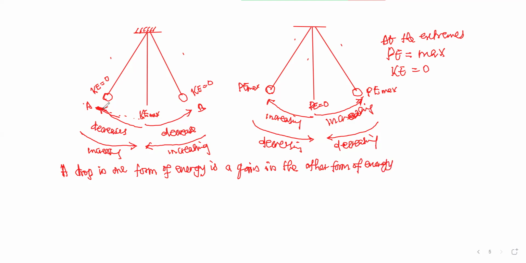So as PE decreases from the extremes, KE increases.